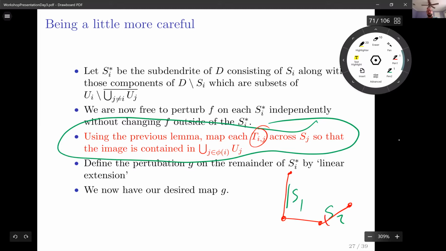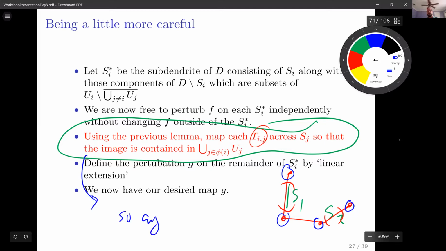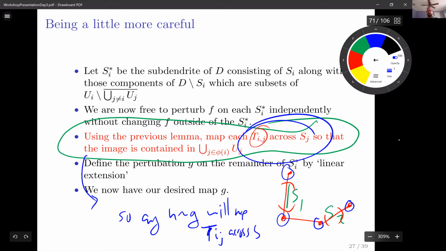And these anchor points are sort of sequestered away from my S's so that if I take a map H, which is close to G, then it doesn't move these very far. Okay? And I'm still going to cover those S's. So if we choose this carefully, any H which is near enough to G will still do exactly this. It will map T_ij across S_j.